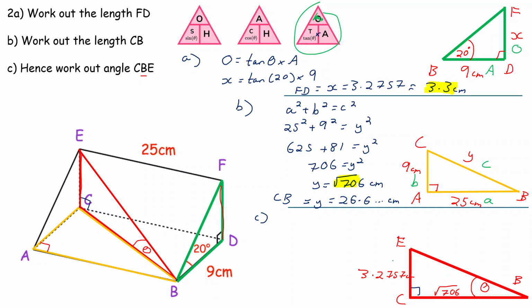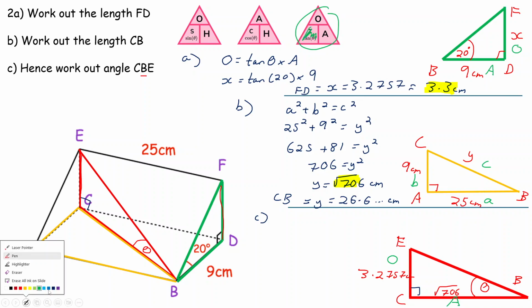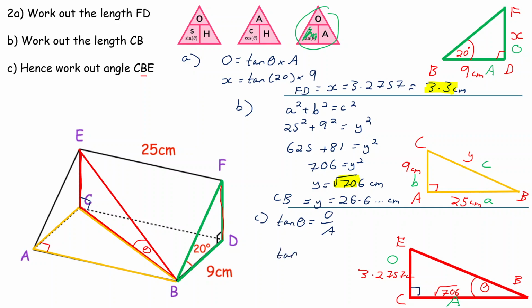I've got my angle, the opposite side, and I've been given my adjacent side once again. So it's going to be using TOA. I'm trying to find the angle part, so put your finger over the angle part and say that tan of the angle is equal to the opposite side divided by adjacent, so O divided by A. Tan of the angle theta is equal to my opposite side, which is 3.2757.